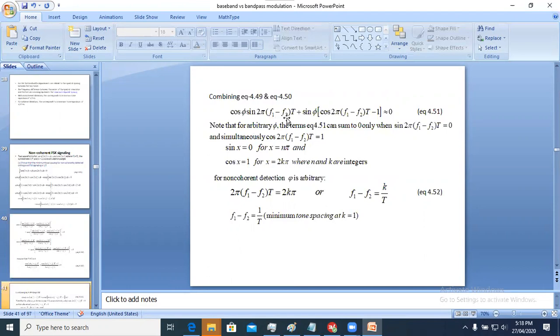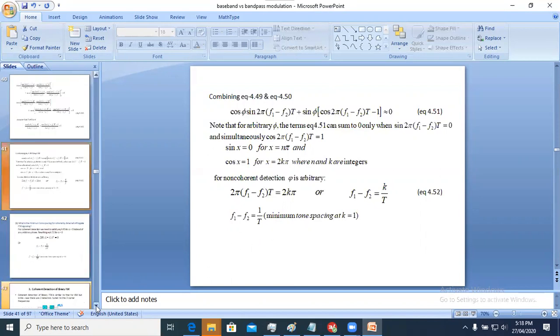So we take 2 pi (f1 minus f2)t equal to 2k pi. From this we cancel 2 pi, and f1 minus f2 will be k by t. For k equal to 1, meaning we are mapping one bit with one symbol, the tone spacing is 1 by t.